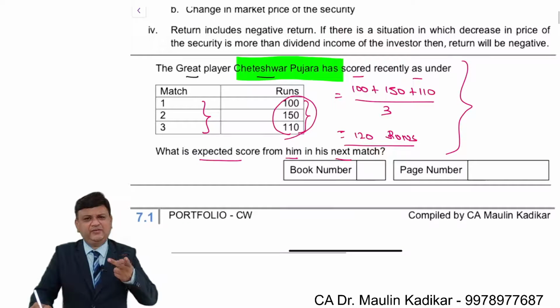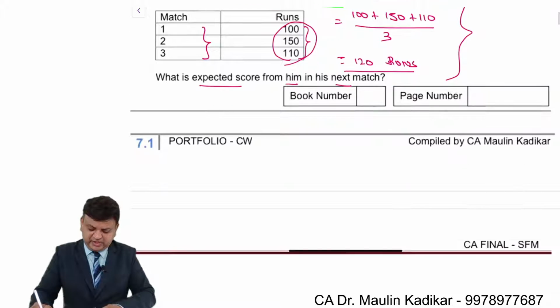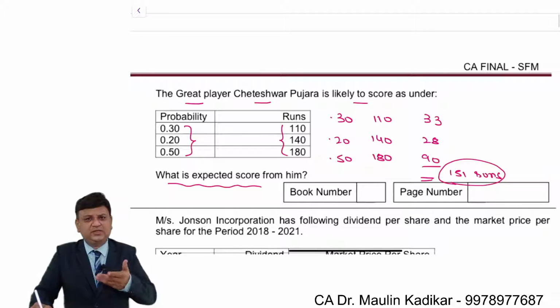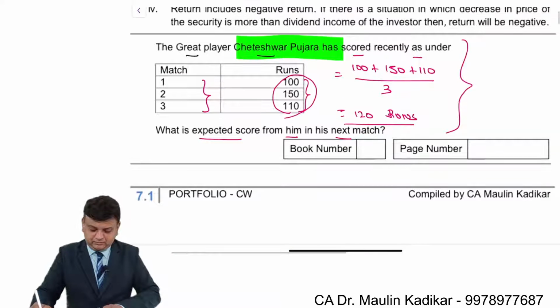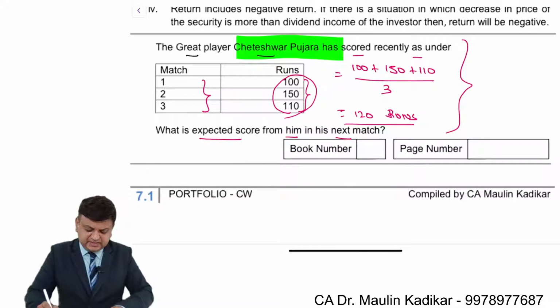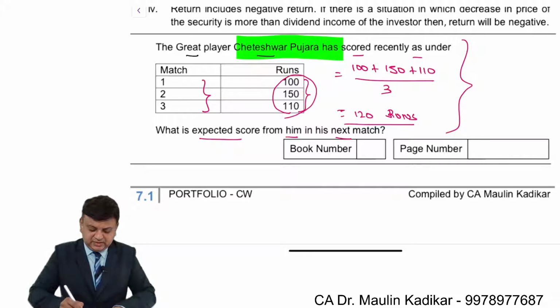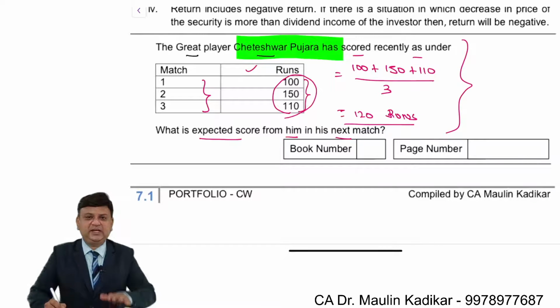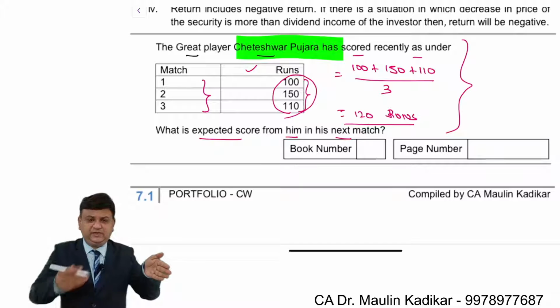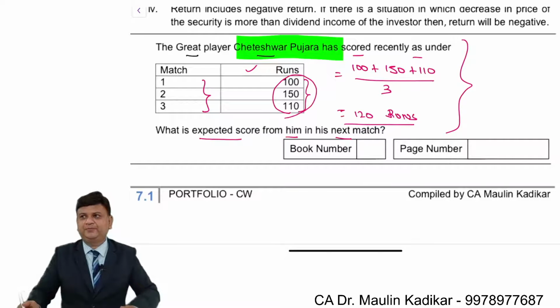Now, what kind of difference do we have in these two data? Let us have a small discussion about it. Dear students, what happens over here is that we are taking into account the past to predict the future.